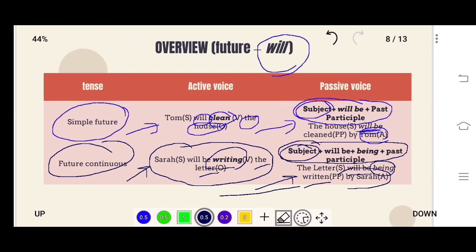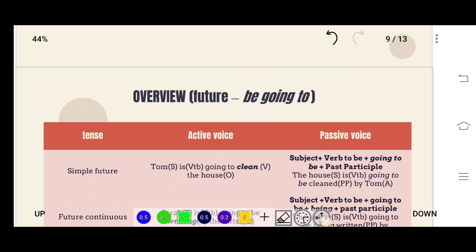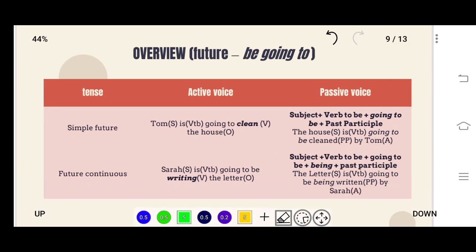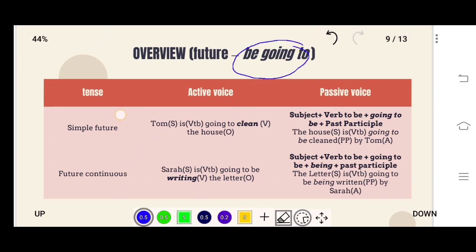Okay, so let's move on to the next one. Alright, so this is the simple future tense, but we are going to see be going to. The first one, simple future. Let's take a look at the active voice. The subject is Tom, and the verb to be is, and then going to.